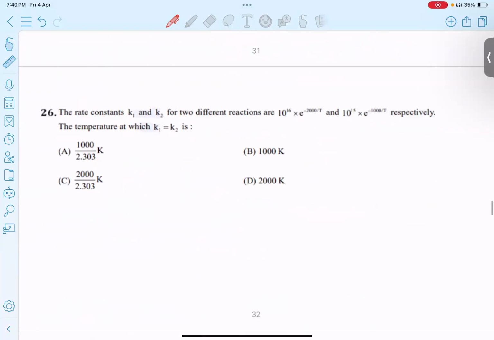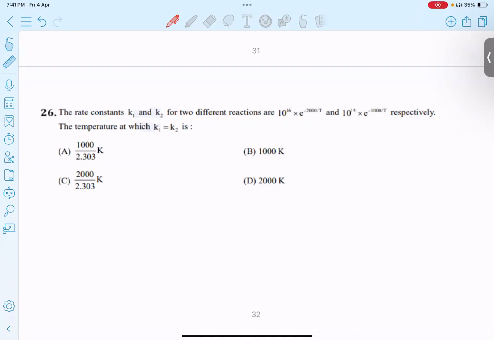Next, question number 26. The rate constants K1 and K2 for two different reactions are 10 to the power of 16 into e to the power minus 2000 by T, and 10 to the power of 15 into e to the power minus 1000 by T, respectively.